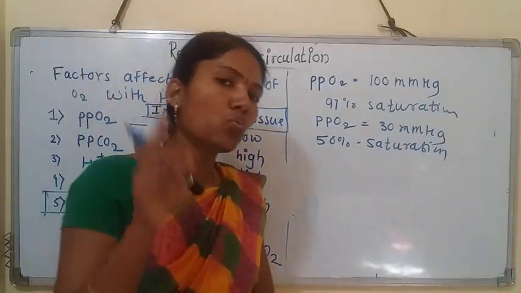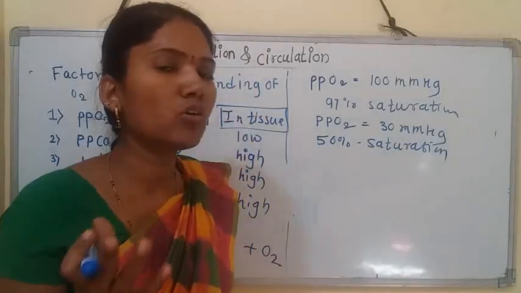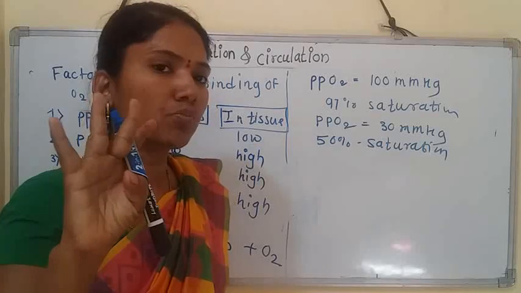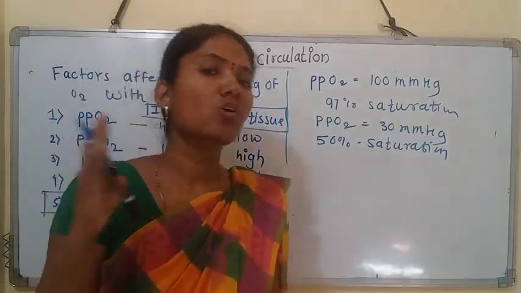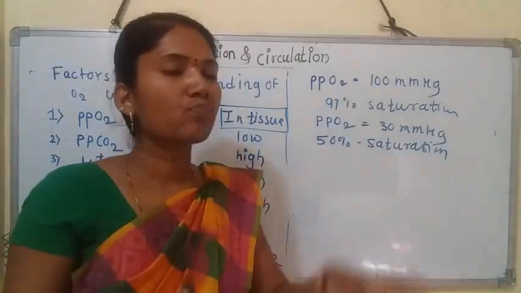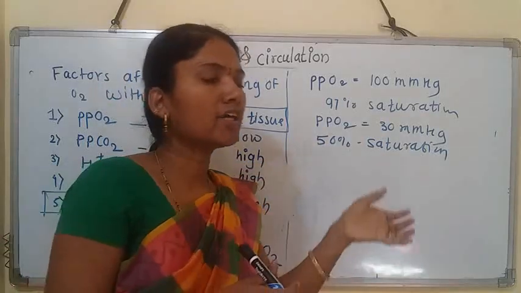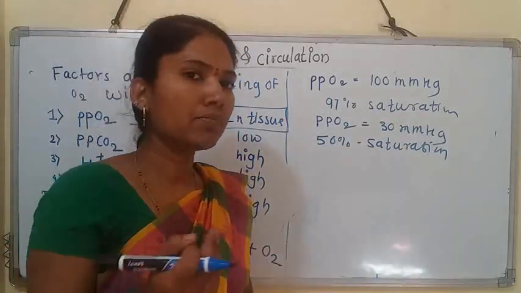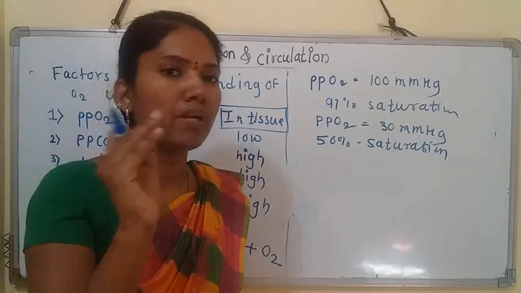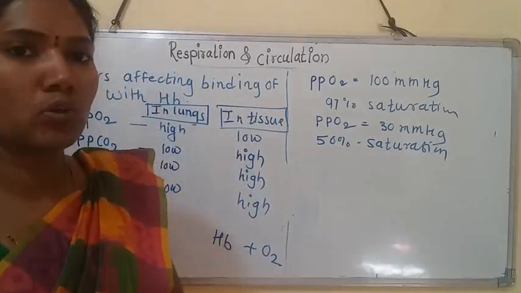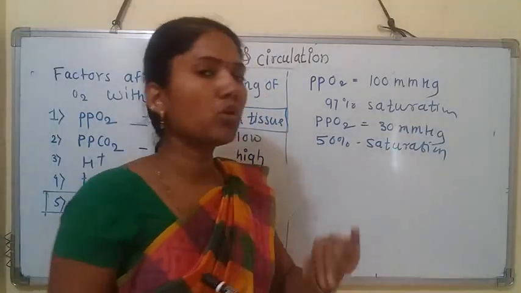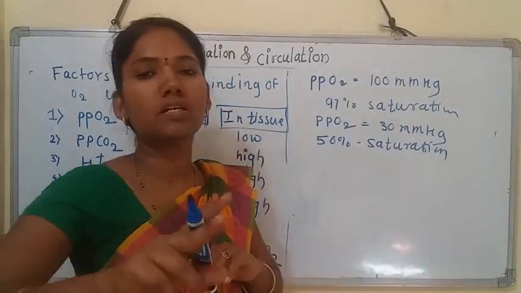All of you know, one hemoglobin can bind to how many oxygen molecules? 4 oxygen molecules, because one hemoglobin contains 4 Fe+. When one hemoglobin gets attached to one oxygen molecule, it means there are 3 places vacant which can bind to oxygen. If a second molecule gets attached, now 2 more places are vacant.